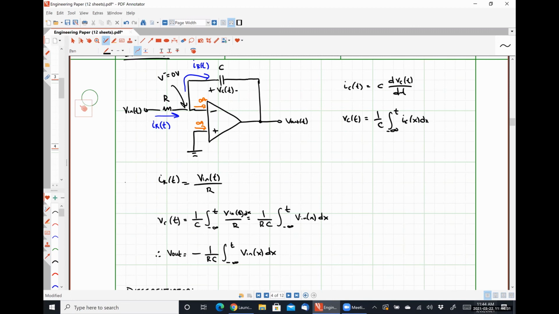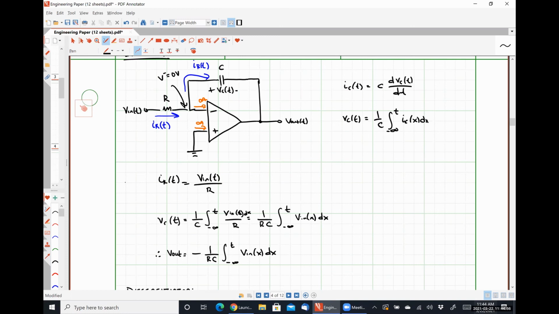Now, as it turns out, I'm a jerk, and on your homework assignment for this stuff, I literally ask you to derive the relationship if there is an inductor there. It's extraordinarily similar to the capacitor relationship, so it isn't particularly difficult. But in practice, it would be extraordinarily rare for you to make one of these integrators or differentiators with an inductor.